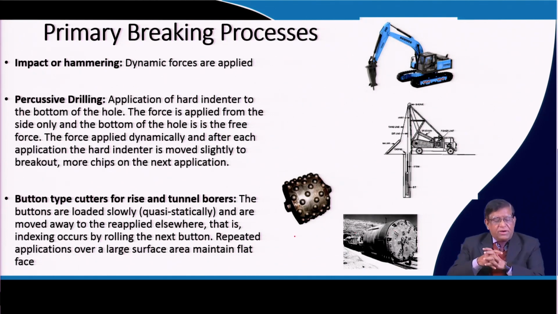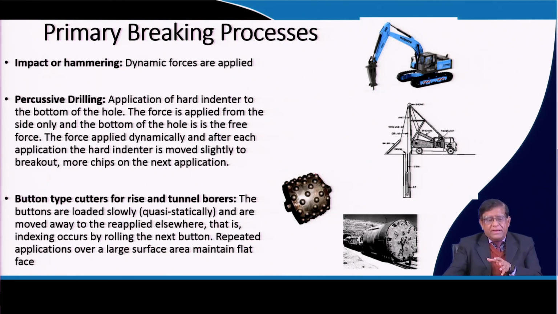When it is rotating, the button's position is changed, and the point where it first attacked is now attacked by another one. Like that, when the buttons rotate, the rock is allowed to fail. Because tungsten carbide is a very hard material, it does not wear out easily. That is why it is able to make the rock surface fail or shear, and in that way the cutting action takes place.